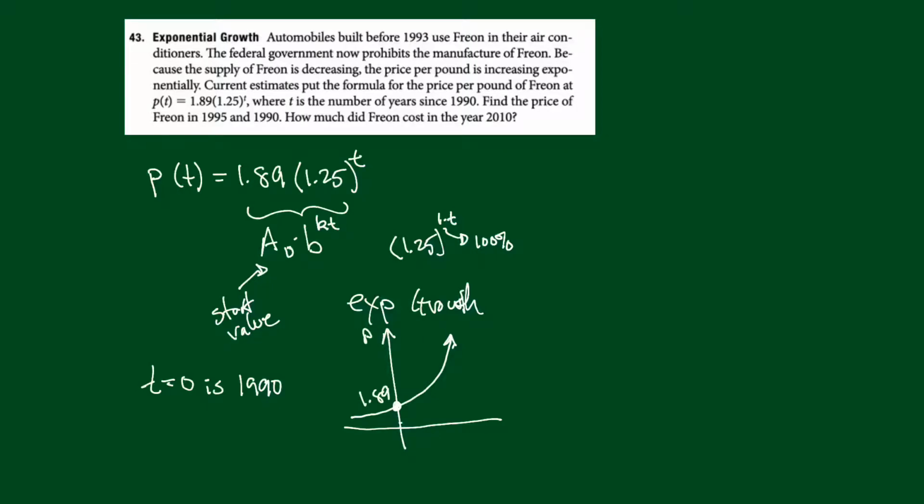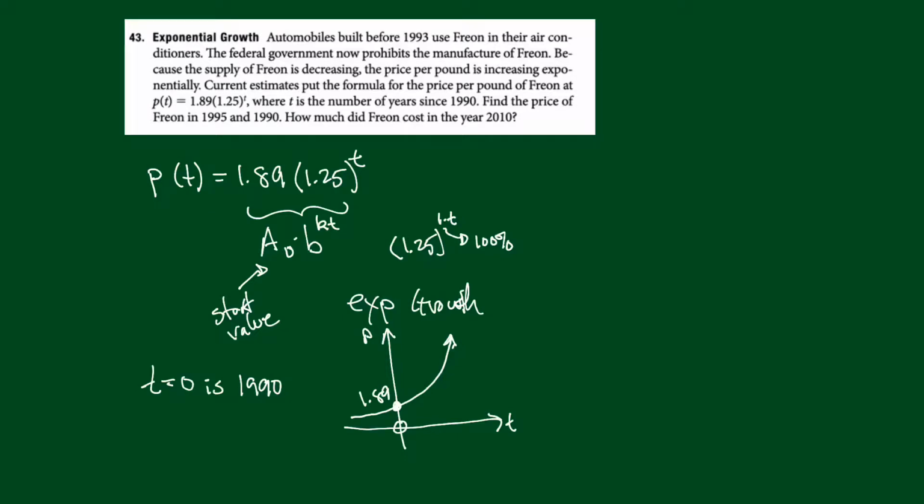This is the price, there's the origin, and this is time. So what's happening as time goes by? Exponential growth, the price is increasing at an increasing rate. So before I've done any computations at all, just by looking at the formula, I can gather so much information about this relationship between time, the number of years since 1990, and the price per pound of Freon.